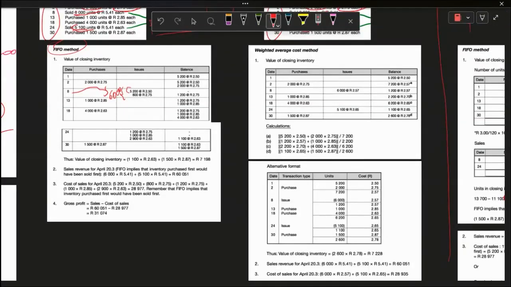So 5,200 of that 6,000 will come from here. Now the remaining 800 will come from where? It will come from here, from the second one. So first in is the one to go first out. Second in is to go second out. Does that make sense, guys?